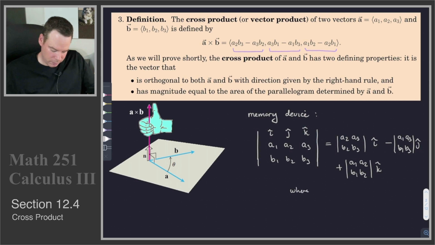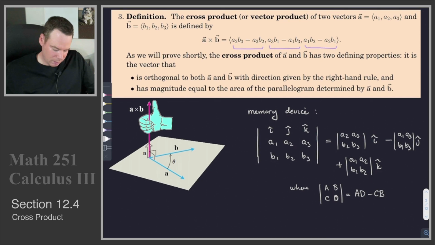Where one of these 2 by 2 submatrices, I'll just write in general form capital A, B, C, and D, where this 2 by 2 submatrix determinant is just obtained by taking A times D, so the diagonal elements multiplied together, minus the off-diagonal elements. So that's our memory device for remembering the cross-product formula.